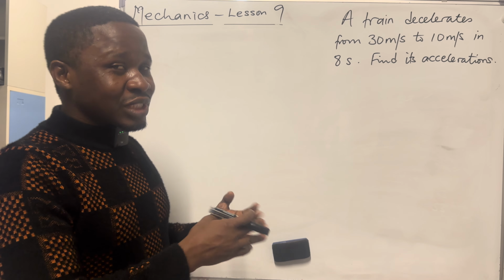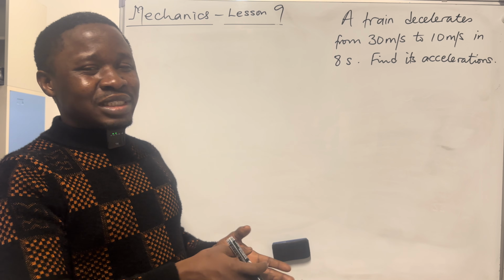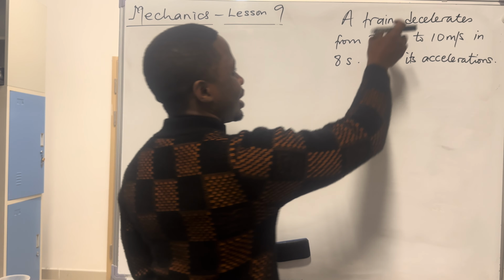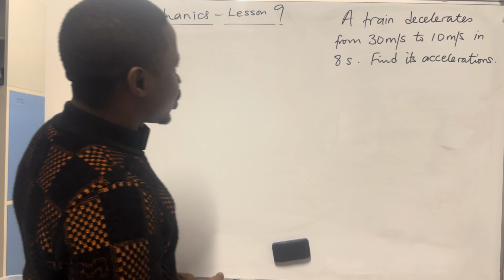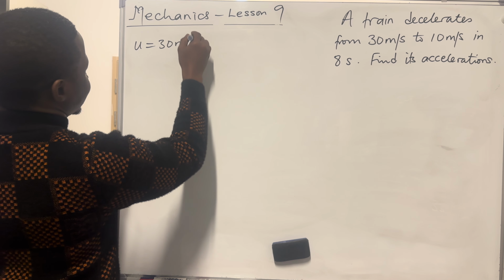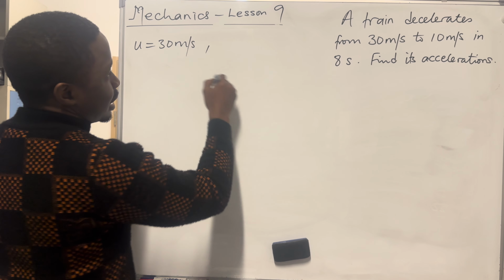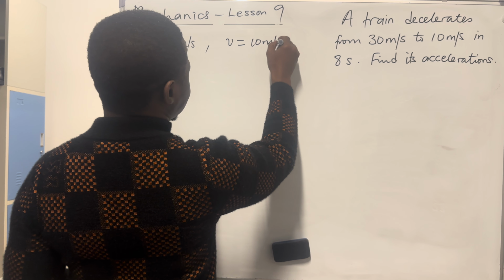Once it slows down, the saying slowing down is what we mean by decelerate. So from 30 to 10, our initial velocity is 30 meters per second, and the final velocity is 10 meters per second.